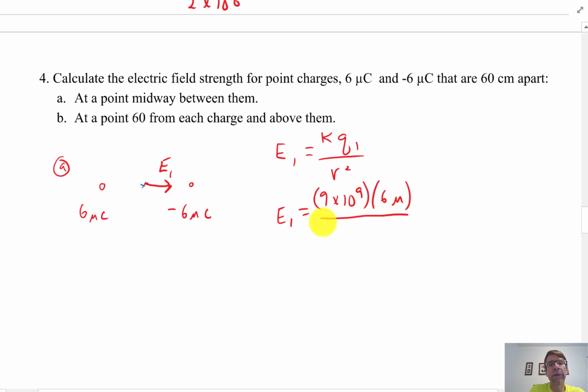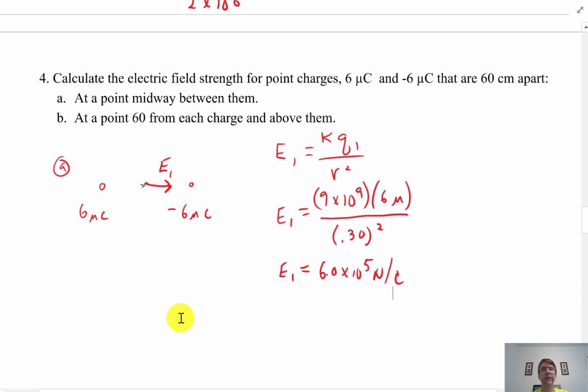Now the distance is 30 centimeters because I'm halfway between the two, so 0.30 squared. E sub 1 equals 6.0 times 10 to the 5th newtons per coulomb, and I drew it on the diagram. It's an arrow to the right.